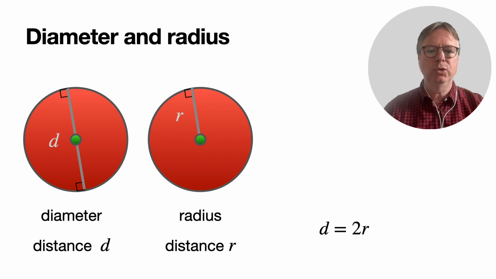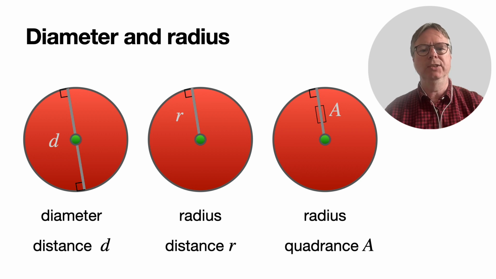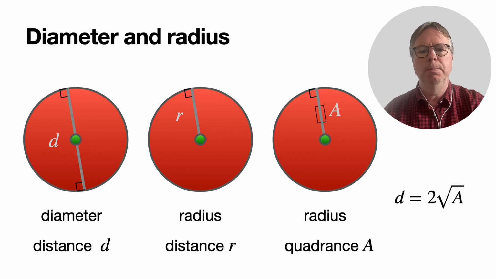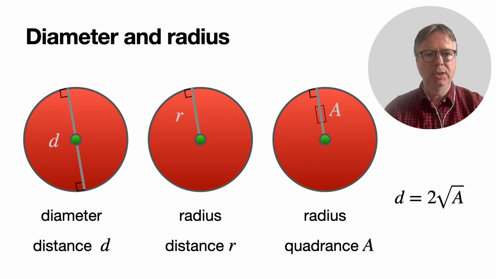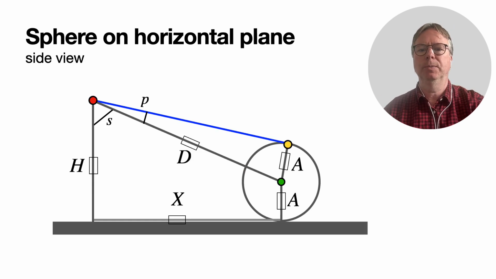And d is twice r. We can also express the radius in quadrance. Quadrance A, that's what we're going to use in the derivation. And A is r squared. But sometimes we need the diameter, so the diameter is twice the square root of A. So then we are okay with these terms.